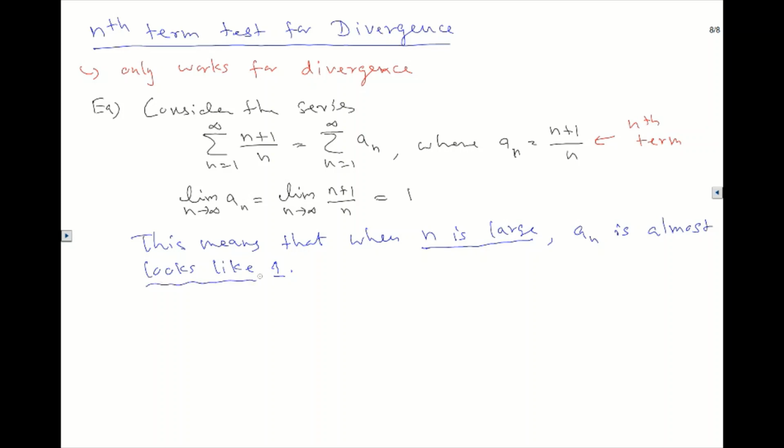It's not 1 but very close to 1. So what we are doing is simply adding 1 plus 1 plus 1 plus 1. You are adding the same number infinitely many times, so it's going to go to infinity.